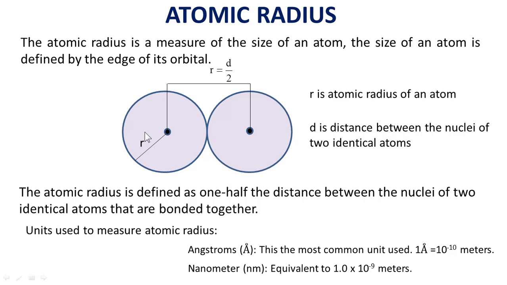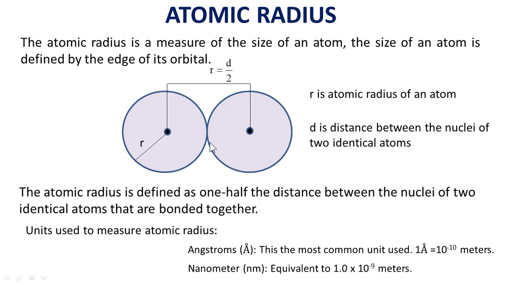However, it is really difficult to calculate the radius of an individual atom because the atom is very small, and the electron cloud surrounding the atom does not have a particular boundary, so the determination of the size of an atom's radius cannot be precise.